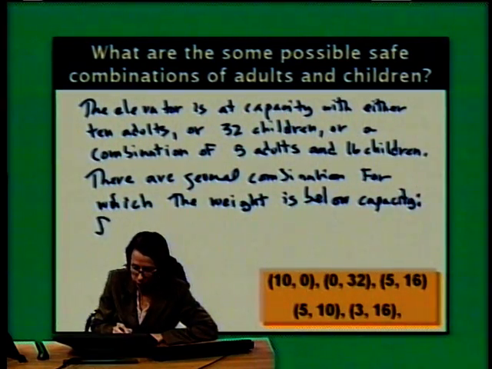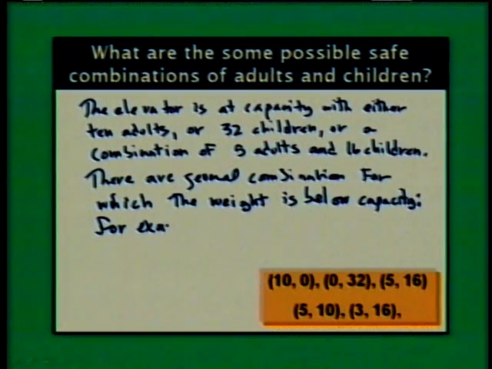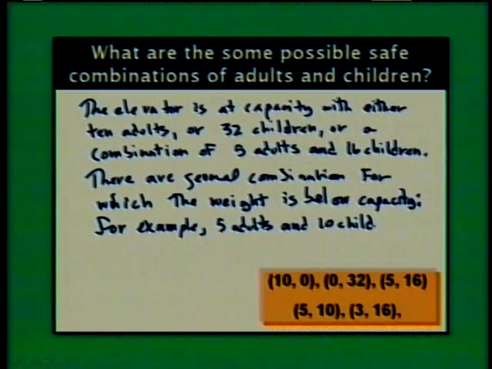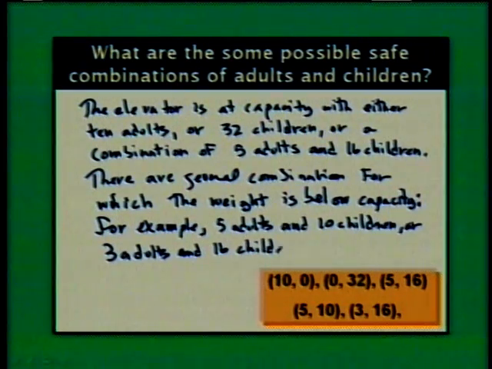For example, 5 adults and 10 children. That corresponds to the point (5, 10). Or 3 adults and 16 children. Now there are some other reasonable solutions, but we just discussed a few of them. Let's do another example.